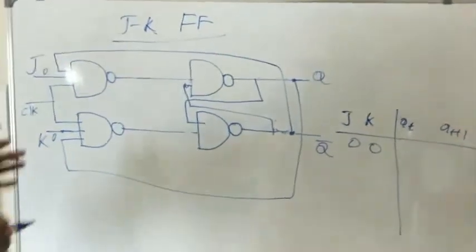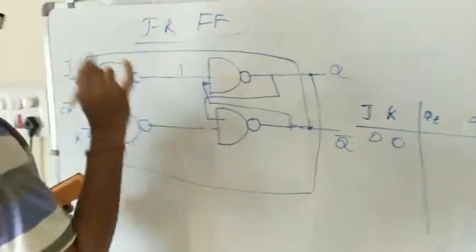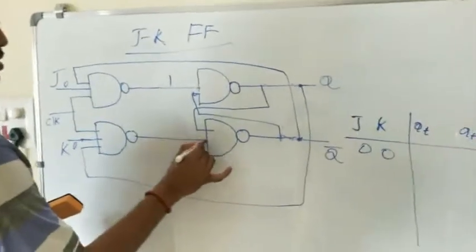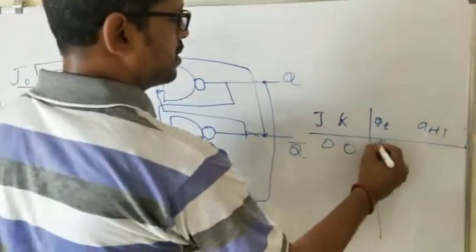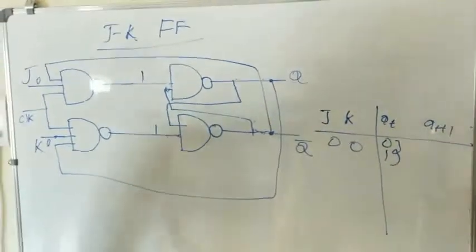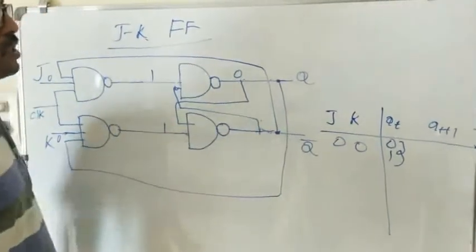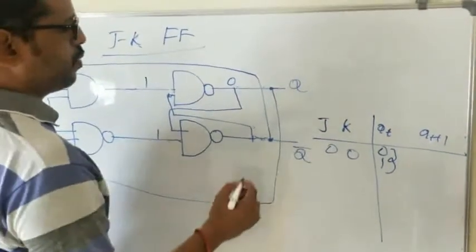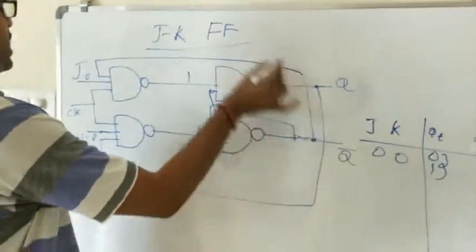J is 0 means the gate output will be 1, and K is also 0 means it is going to be 1. Now we assume the Q value as 0. Q is 0 means Q dash is going to be 1.